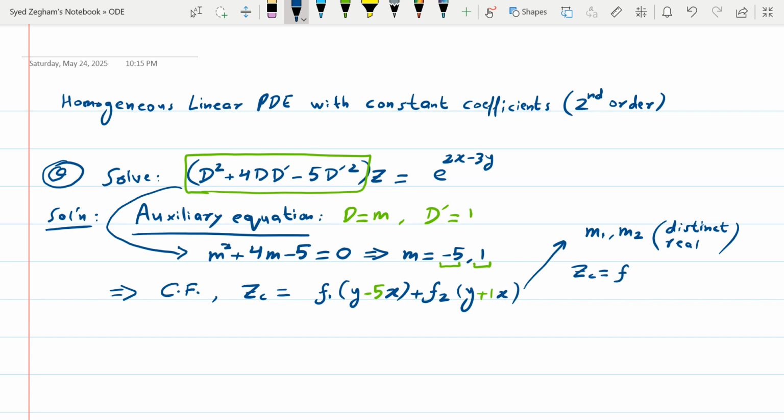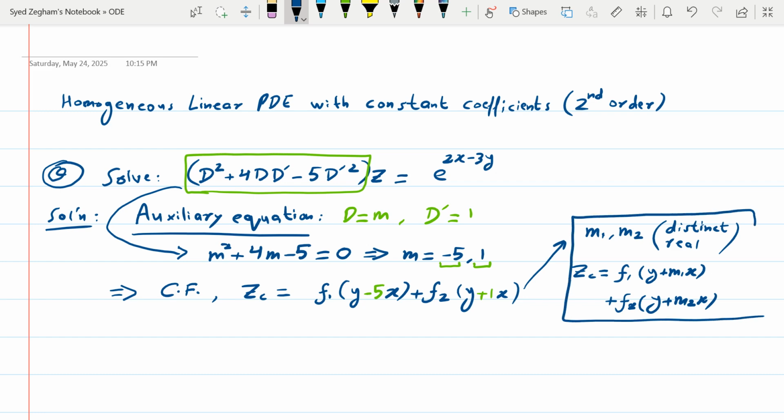This will be some function f1 of y plus m1 x, where m1 is the first value of m, plus some other function f2 of y plus m2 x, where m2 is the second value of m. So this is actually what you can call a rule also.